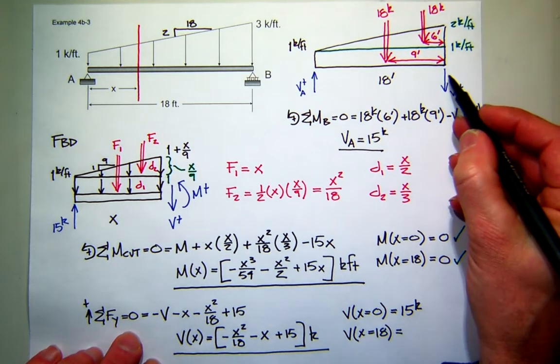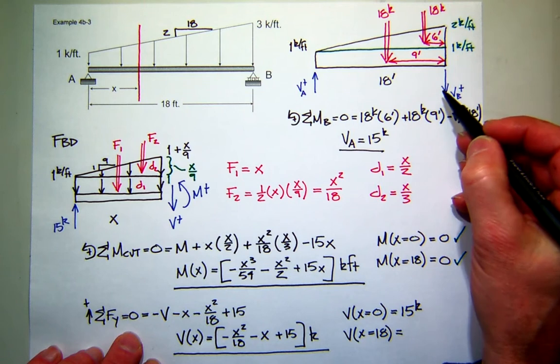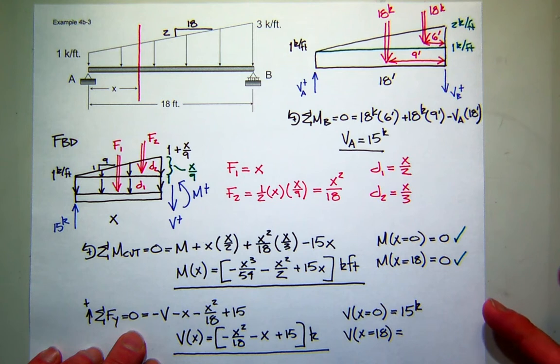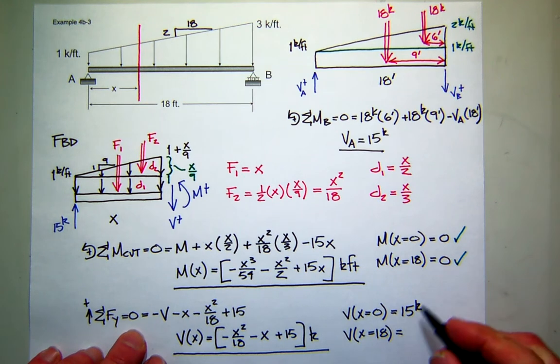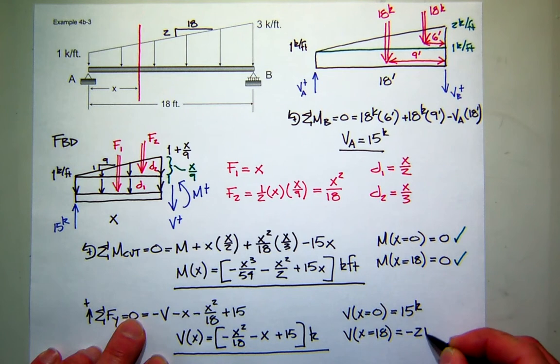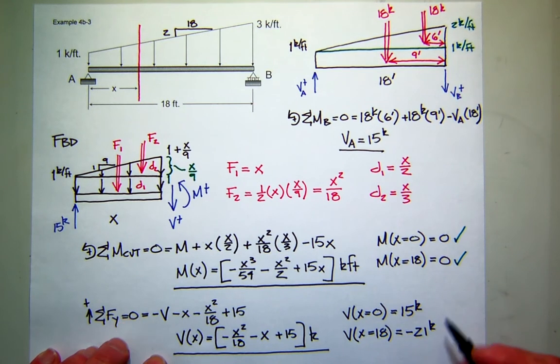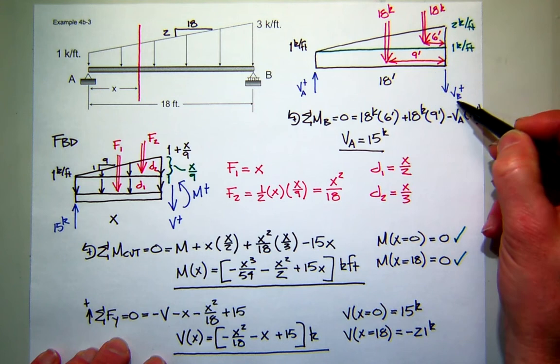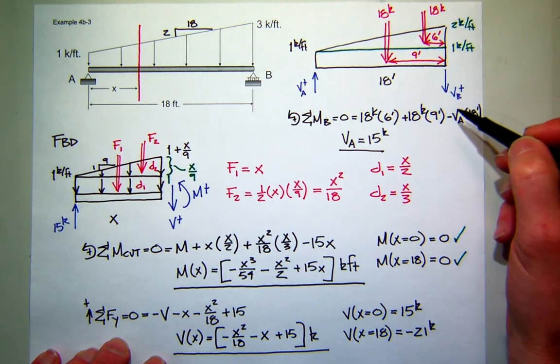Now, what is the shear at x equal 18? Now, we didn't find our shear at B, but if you put in x equal 18 here, what do you get? I think you get 21. But you go ahead and check. Yeah, you get negative 21, right? And if you went up here and actually solved for this, you would find out that the shear at B would be negative 21.